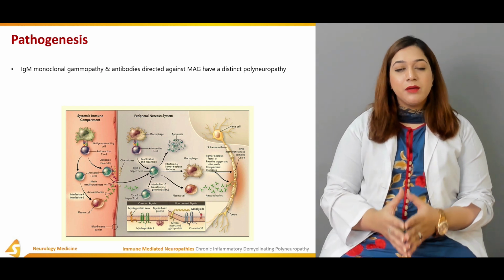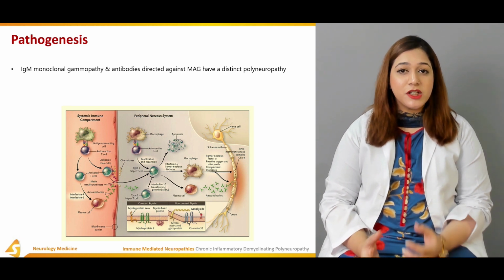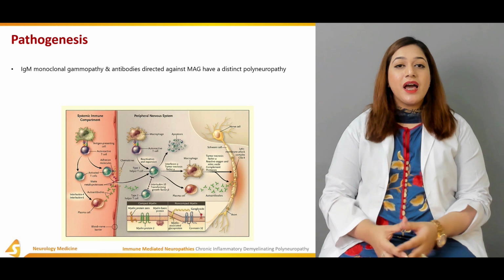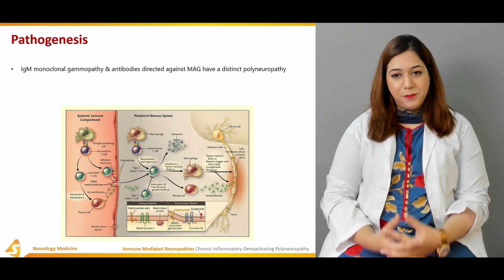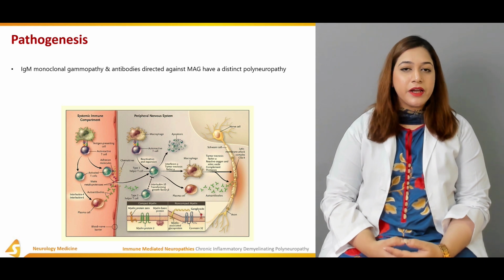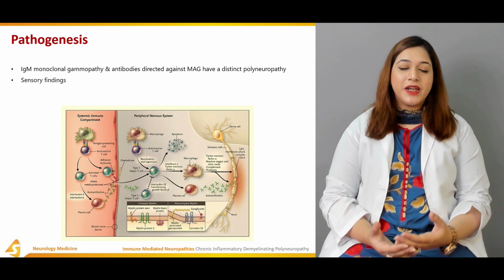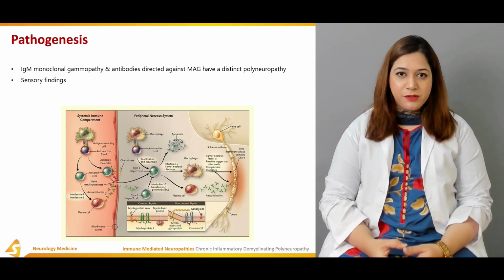Now, the IgM monoclonal gammopathy and the antibodies that are directed against MAG, myelin-associated glycoprotein, have a distinct polyneuropathy. Anti-MAG neuropathies are characterized by sensory findings such as sensory ataxia and tremors.